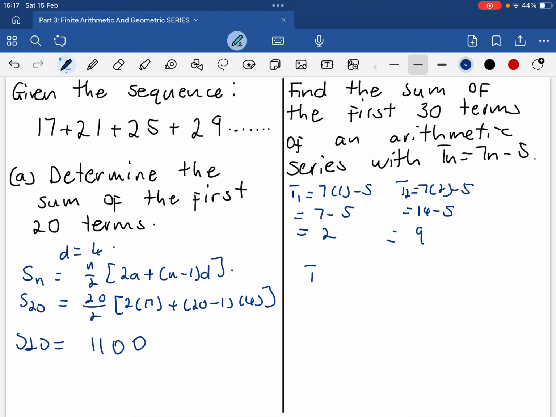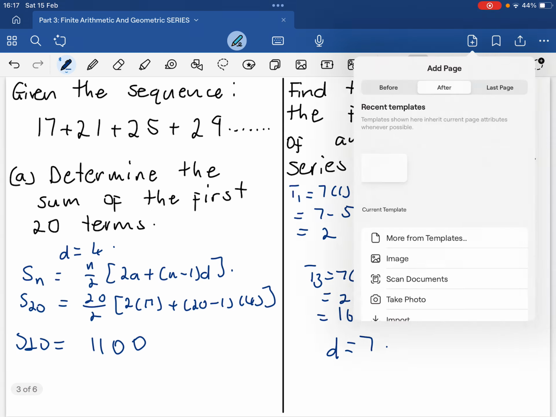And then the third term, 7 times 3 minus 5, which is 21 minus 5, which is 16. Now, if you subtract term 2 from term 3, 16 minus 9, you'd get 7. If you subtract 2 from 9, you'd get 7 as well. So the common difference d is 7.